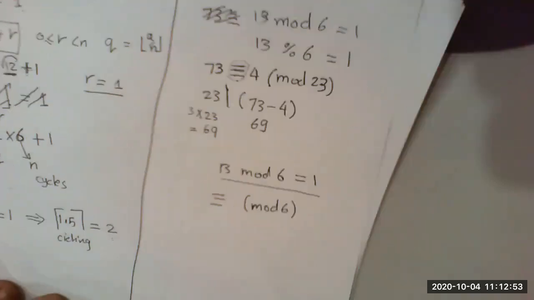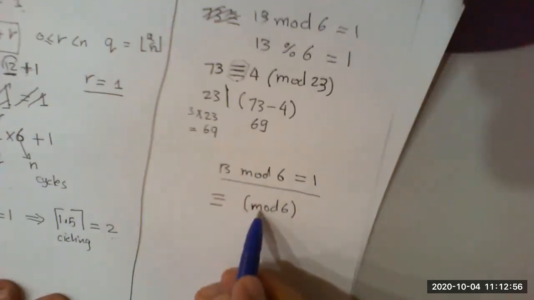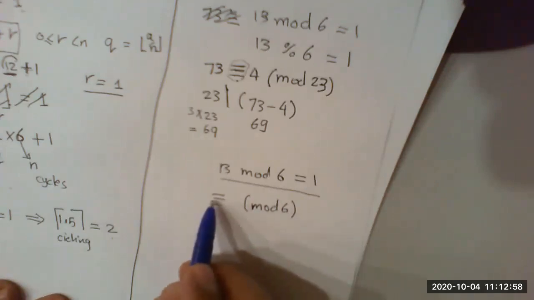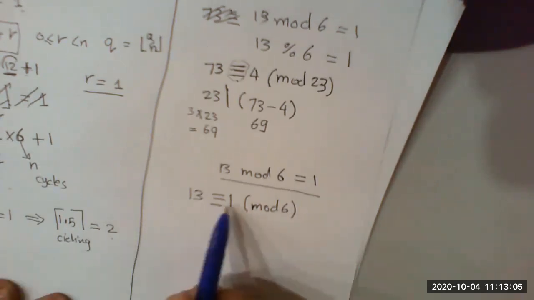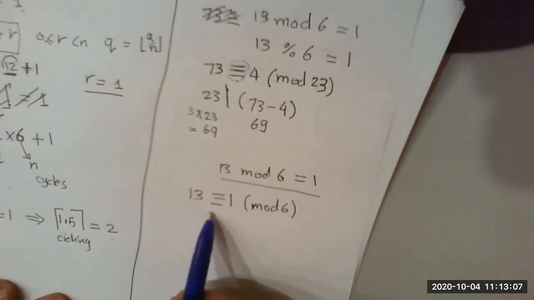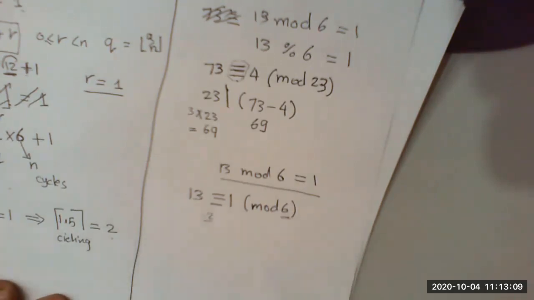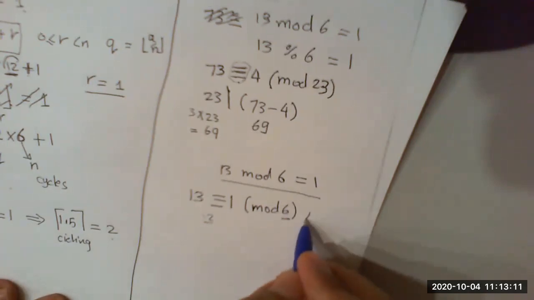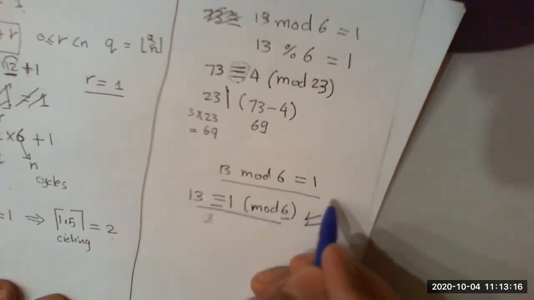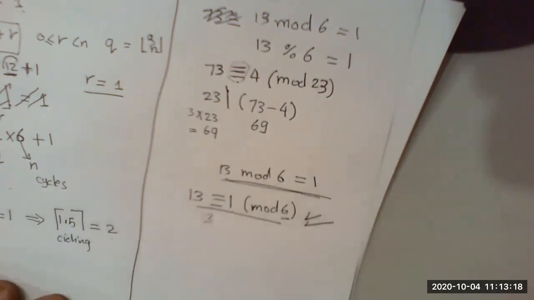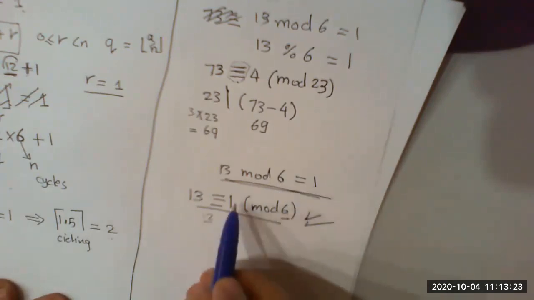And I have to make sure that the difference between these two, which is 13 and 1, is divisible by 6. So that difference is 13 minus 1, which is 12. 6 divides 12, so it's okay. So this relation is okay. This relation is the same as this one, but in a different way. 13 mod 6 equals 1 is the same as 13 is congruent with 1 mod 6.